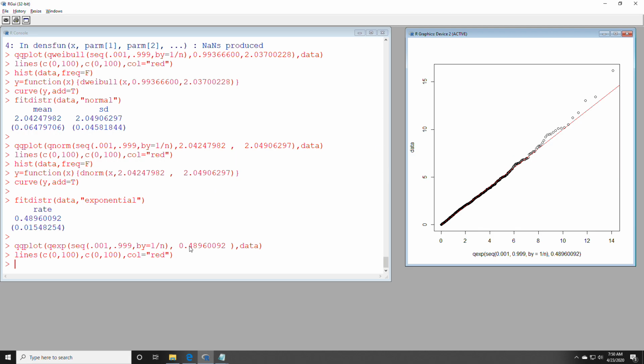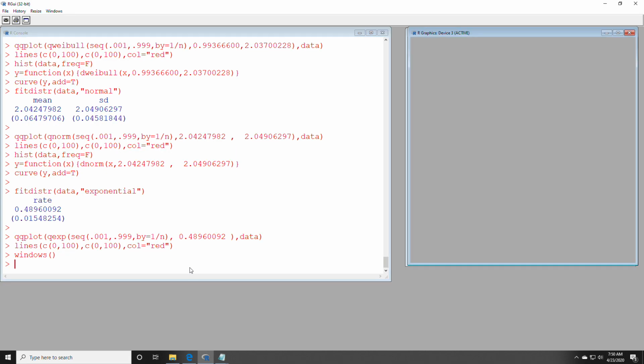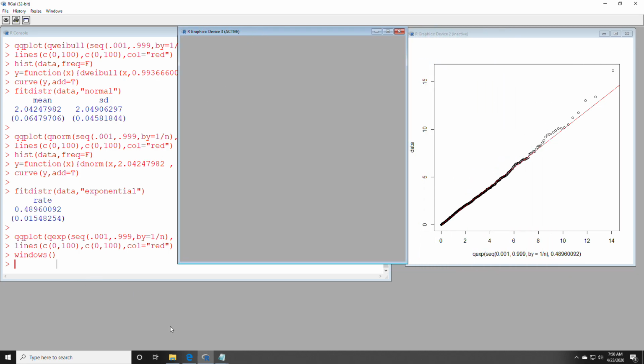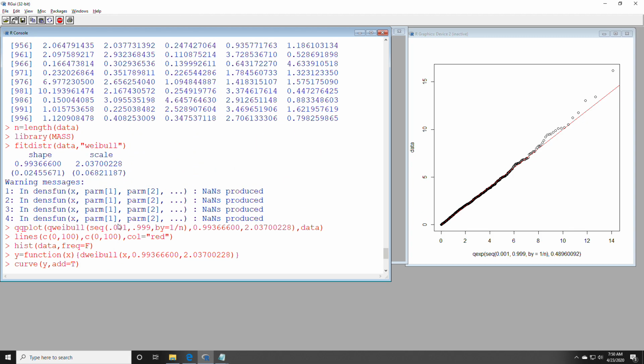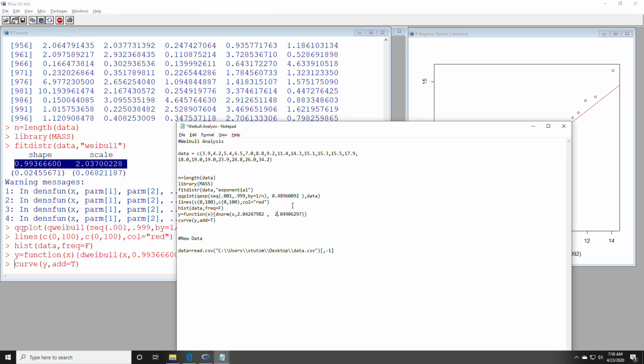Maybe I should go ahead and create the Weibull one because I can't remember any difference between this and the other. So one thing we can do is put windows, and I'll go back to my Weibull distribution. I can't really tell much of a difference there.